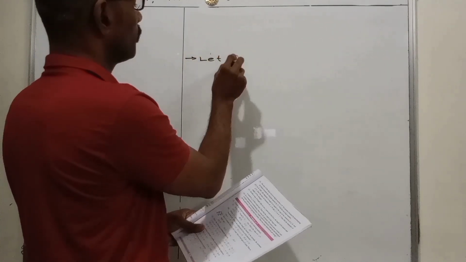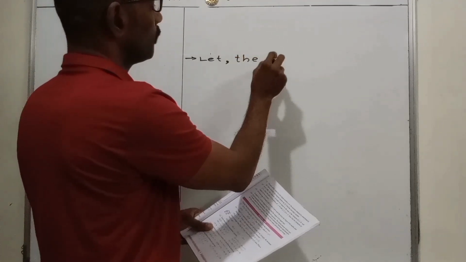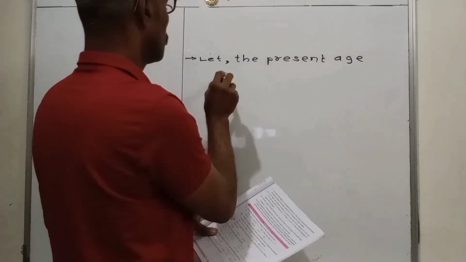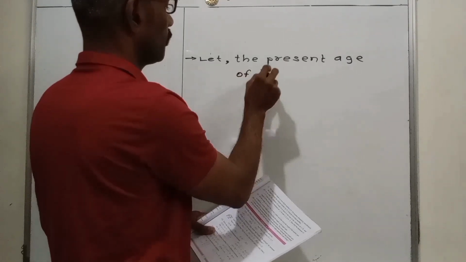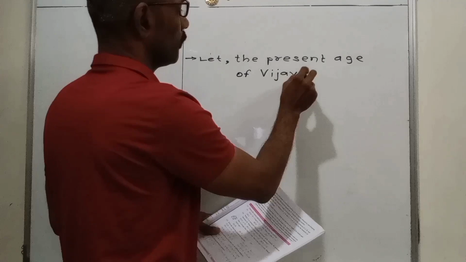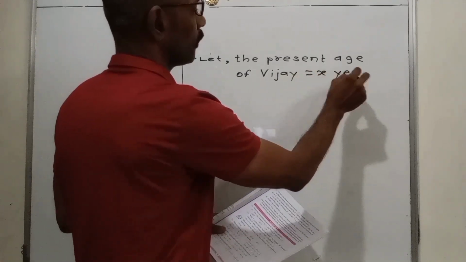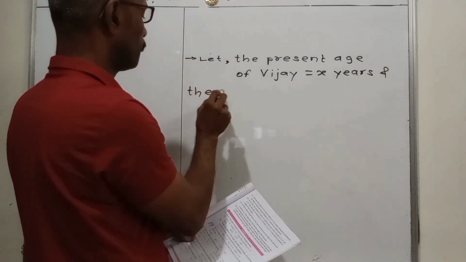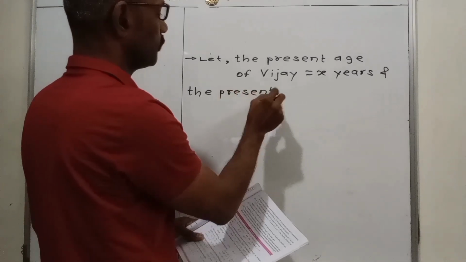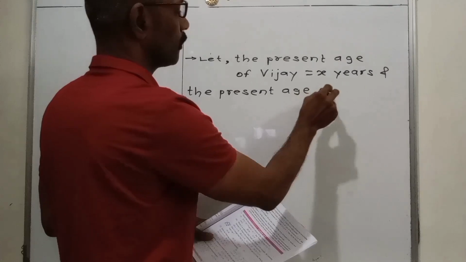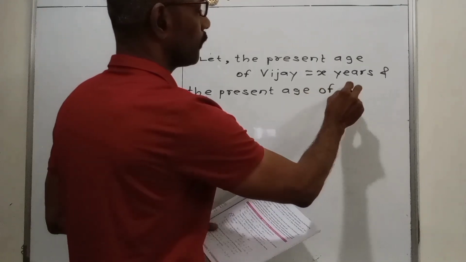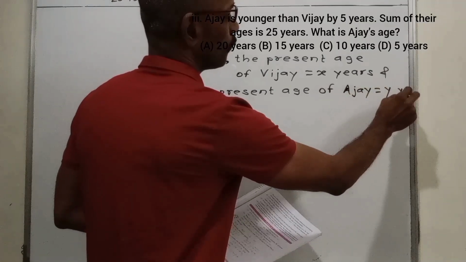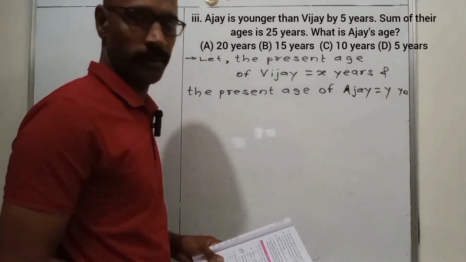Let the present age of Vijay is equal to x years and the present age of Ajay is equal to y years. Did you get it?